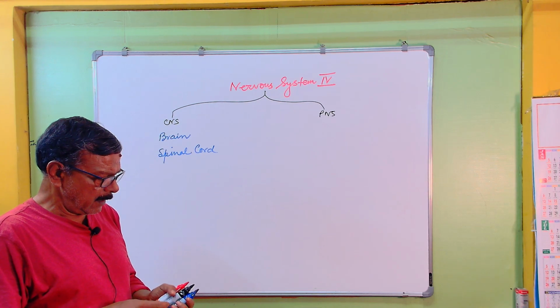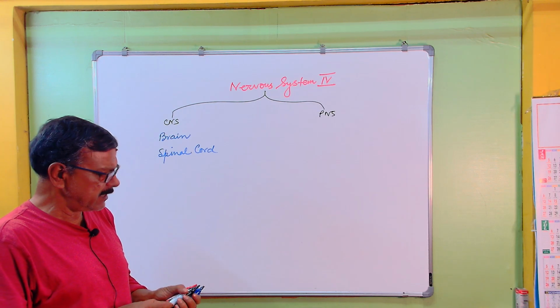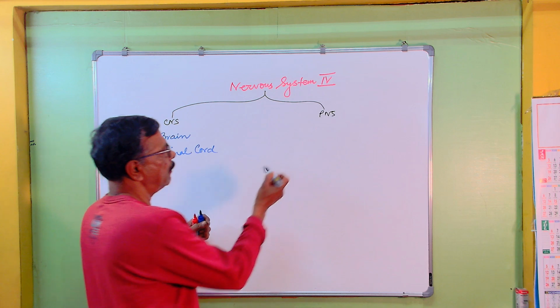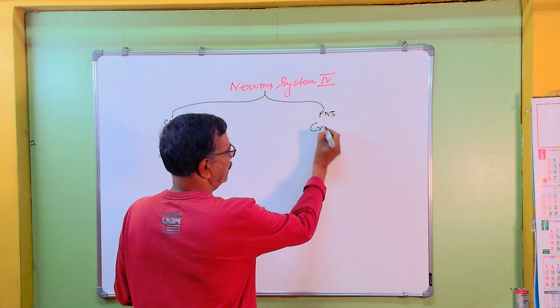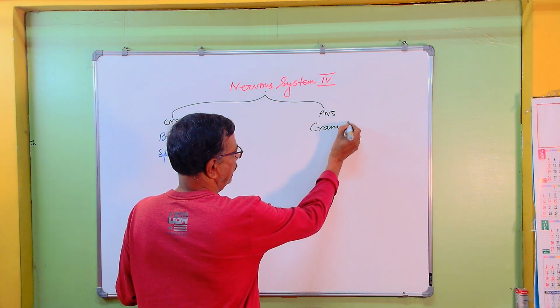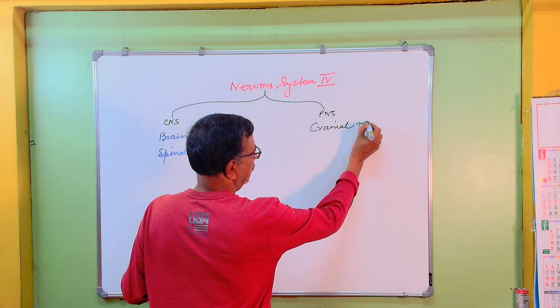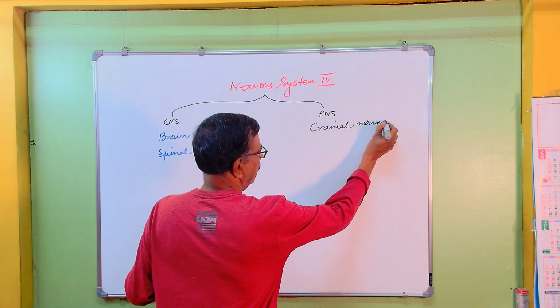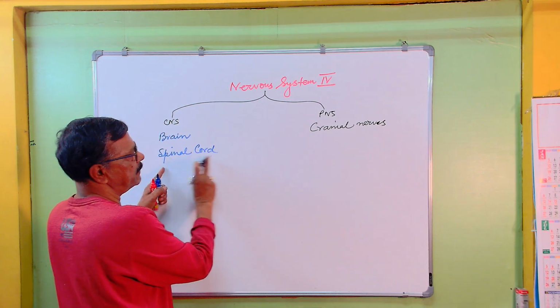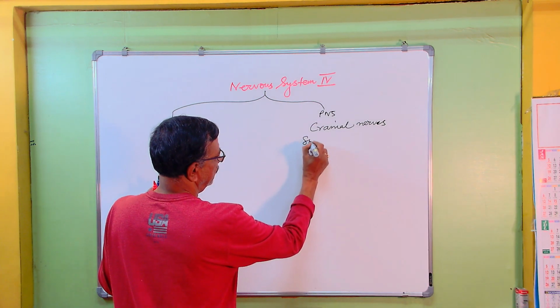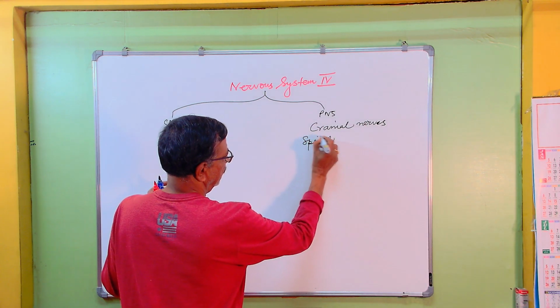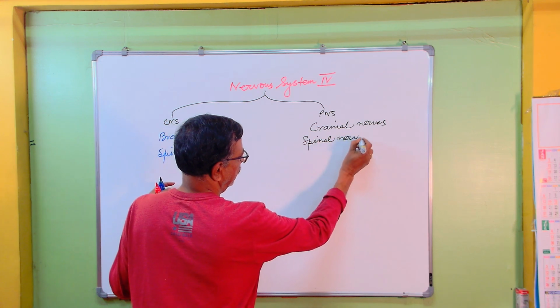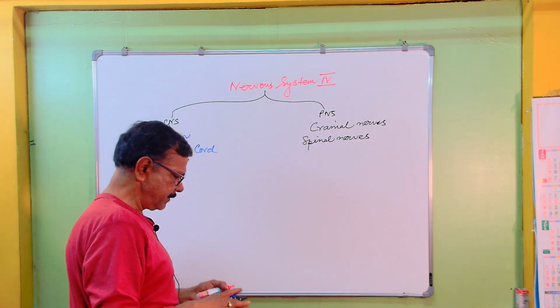The nerves which arise from the brain are called cranial nerves, and those which arise from the spinal cord are called spinal nerves.